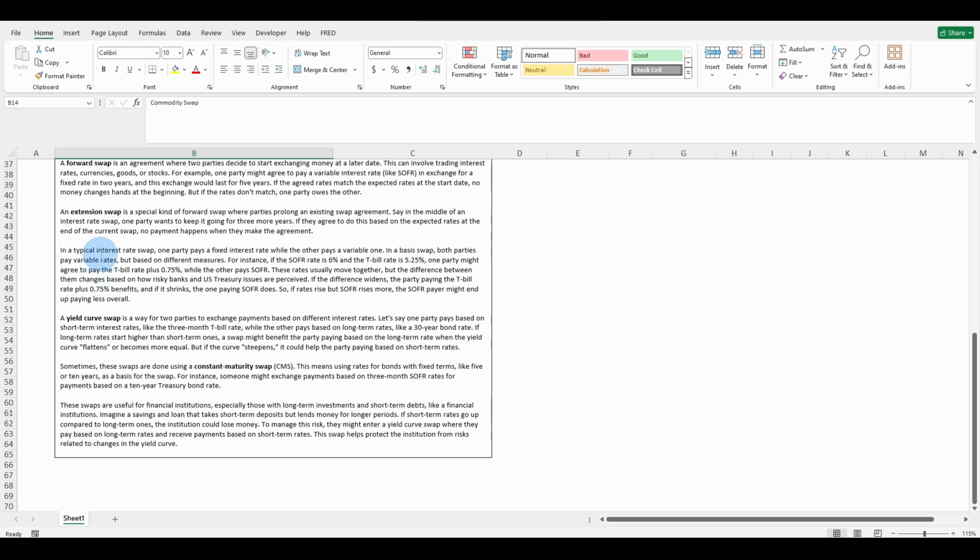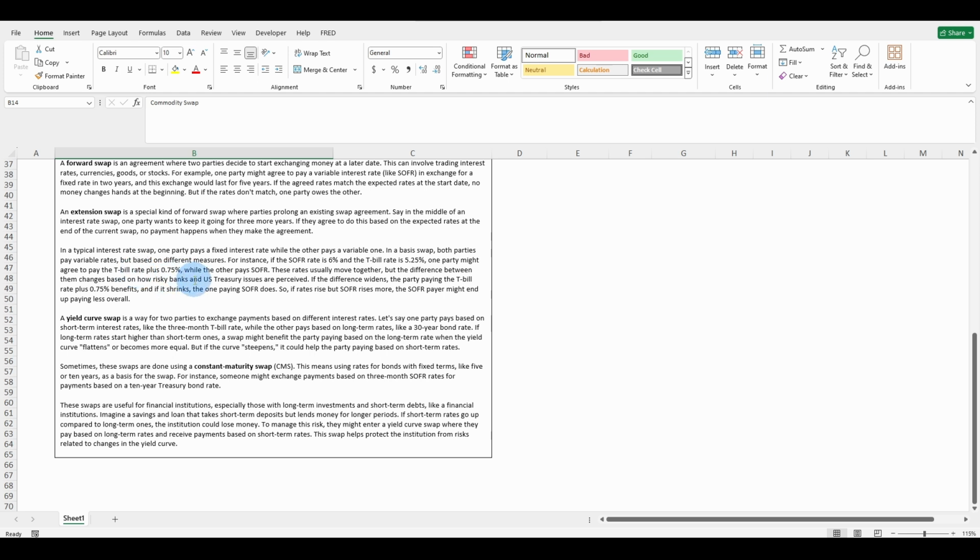In a typical interest rate swap, one party pays a fixed interest rate while the other pays a variable rate. In a basis swap, both parties pay variable rates, but based on different measures. For instance, if the SOFR rate is 6% and the T-bill rate is 5.25%, one party might agree to pay the T-bill rate plus 0.75%, while the other pays SOFR.